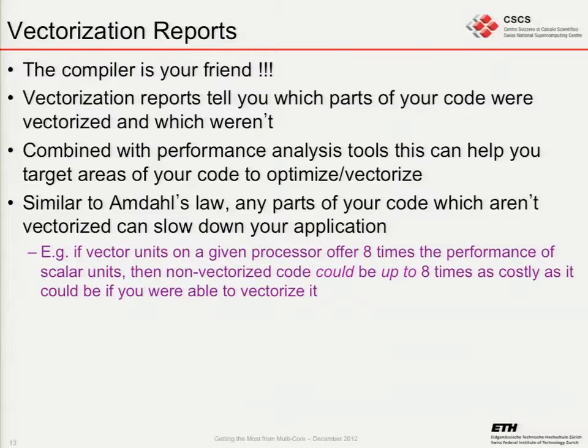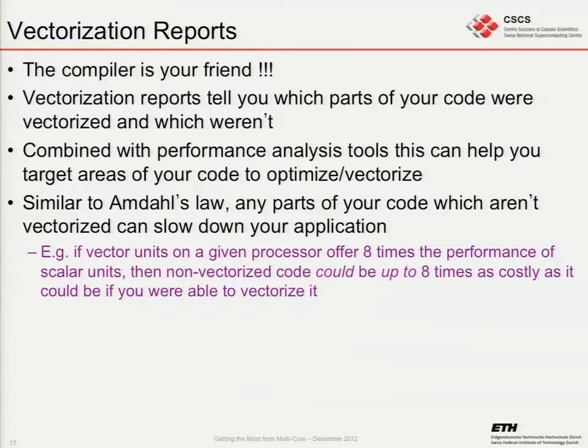So if we combine this with performance analysis tools, then we can see where we should be targeting our code. If we've got a piece of code which is taking a lot of our time, but which the vectorization report says is not vectorized, that could be a good candidate to go in and spend a little bit of your time vectorizing. If it's not taking any time, don't worry about it.